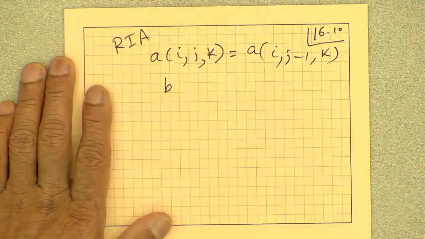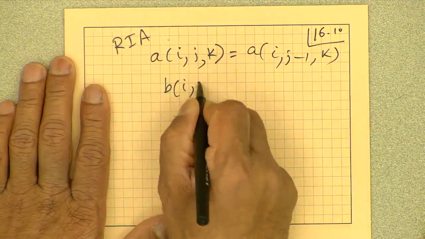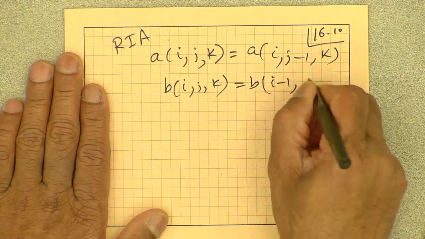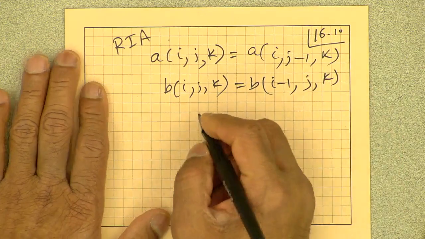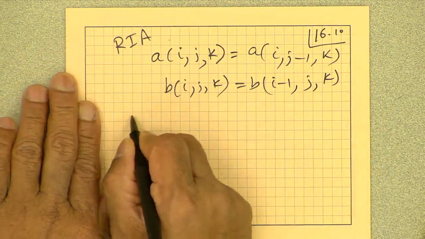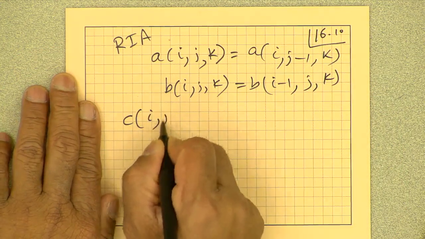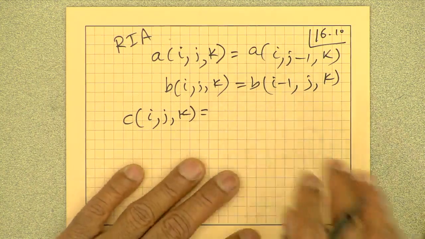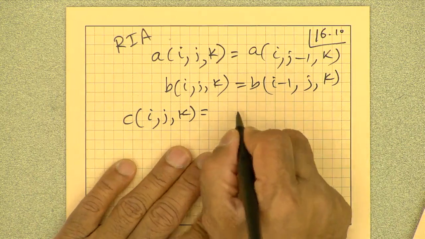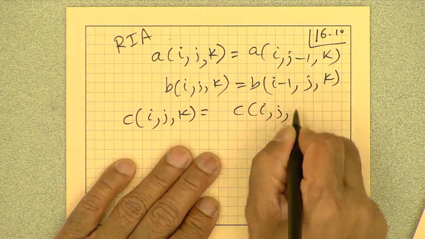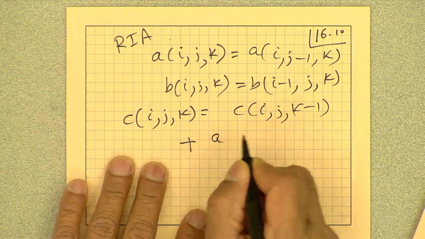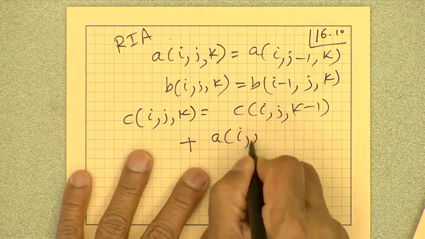So Bijk is equal to Bi minus 1 jk, and Cijk, so C is moving up. So that is taking the previous value of k and adding to that the product at that location.